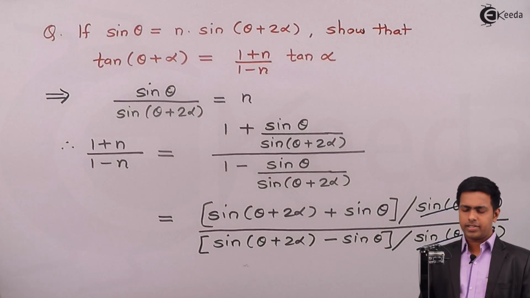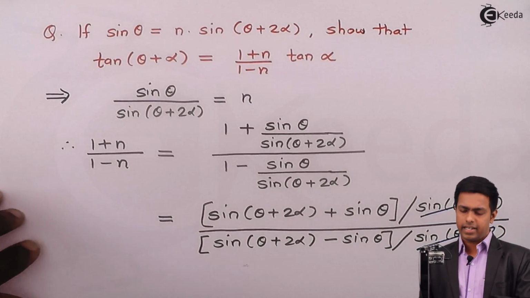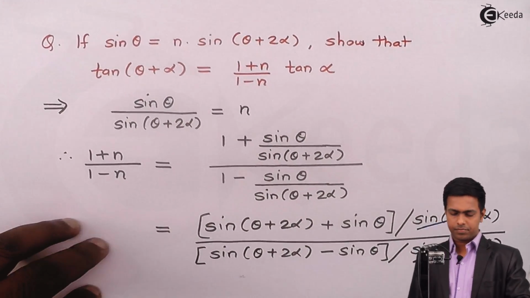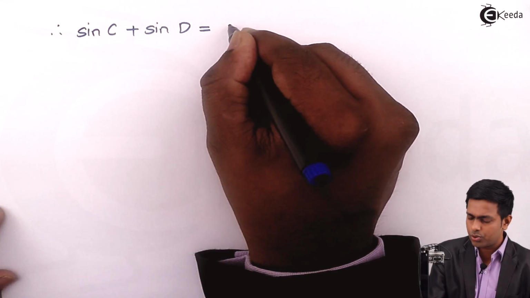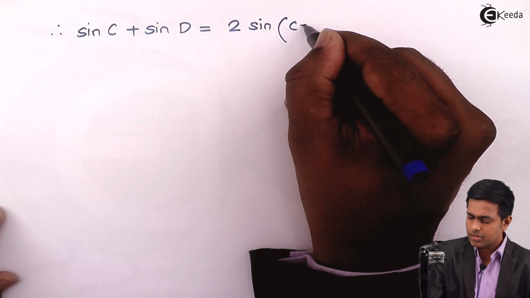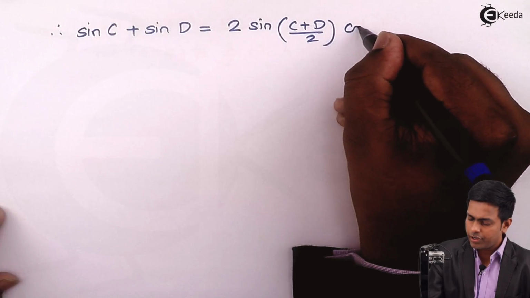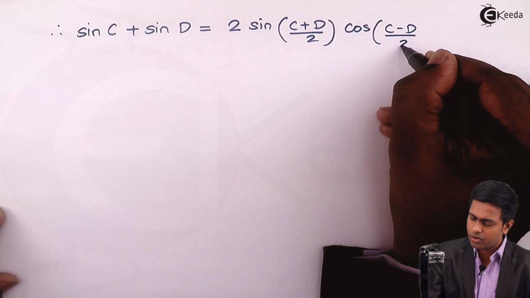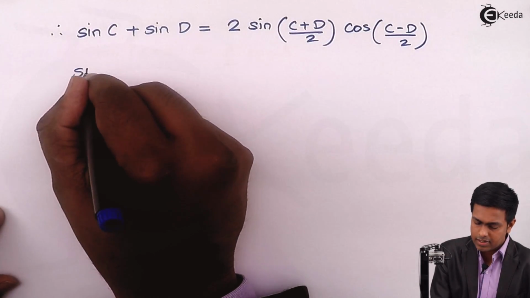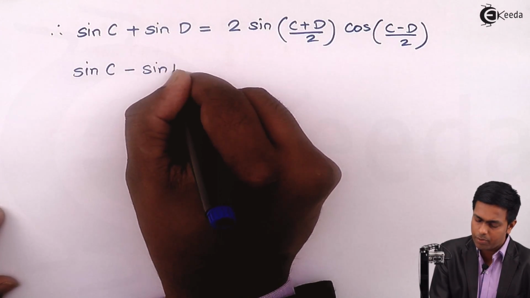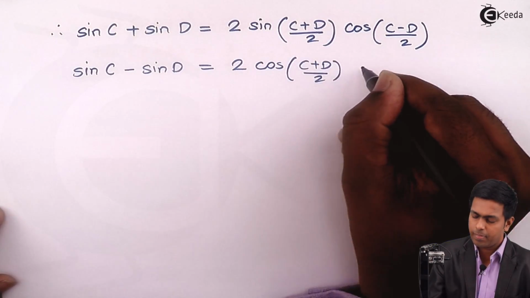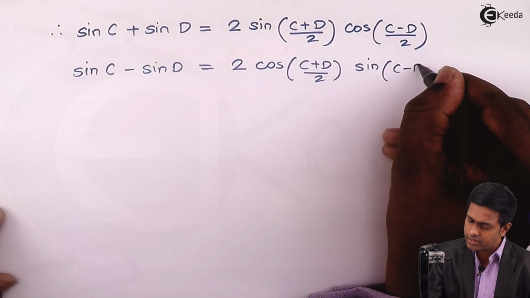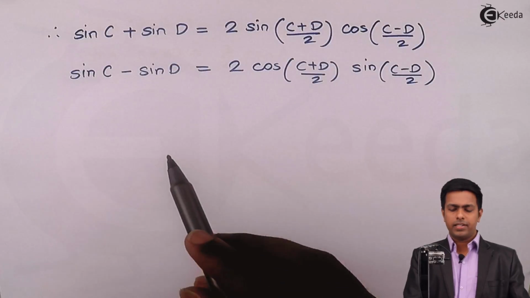So first of all let's see the formula of sin C plus sin D and sin C minus sin D. Sin C plus sin D is equal to 2 times sin of C plus D whole upon 2 into cos of C minus D whole upon 2. Similarly sin C minus sin D has the formula 2 times cos of C plus D upon 2 into sin of C minus D upon 2.